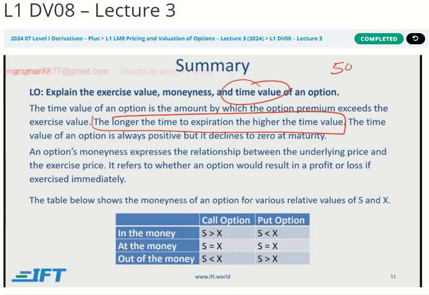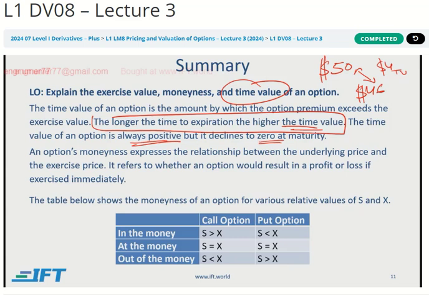Let's say an option is trading in the market for $50 and its exercise value is 46, so the difference, which is $4, is the time value of this option. Naturally the time value is always positive until expiration, when it becomes 0, and that is the time decay of the time value of the option's price.